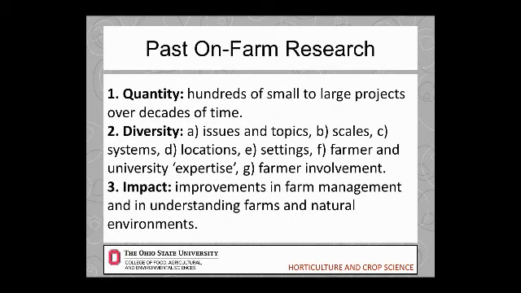There have been many issues and topics addressed at many scales, in many different types of systems, in many locations, and in many settings, such as indoor and outdoor production, many farmer and university types of expertise, and all levels of farmer involvement, like you heard Aaron describing a few minutes ago, to simply hosting the collection of data or samples from the farm, to being present at the table when the hypothesis or question is being shaped, and have that hypothesis be very much directed by a farmer or groups of farmers. So a tremendous diversity of on-farm research through the decades.